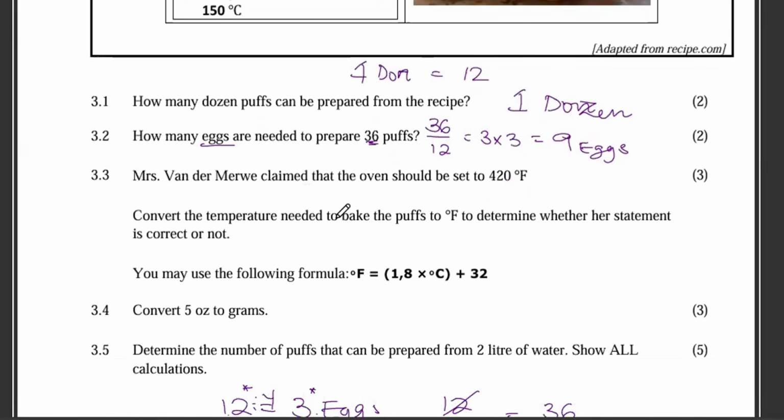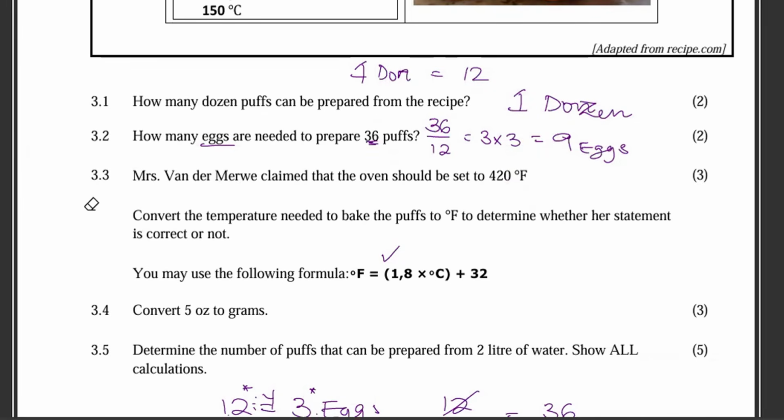3.3. Mrs. Van claimed that the oven should be set to 420 degrees Fahrenheit. Convert the temperature needed to bake the puffs to degrees Fahrenheit to determine whether her statement is correct or not. Please, as a mathematical literacy learner, if you see a formula, what you do is to substitute correctly.